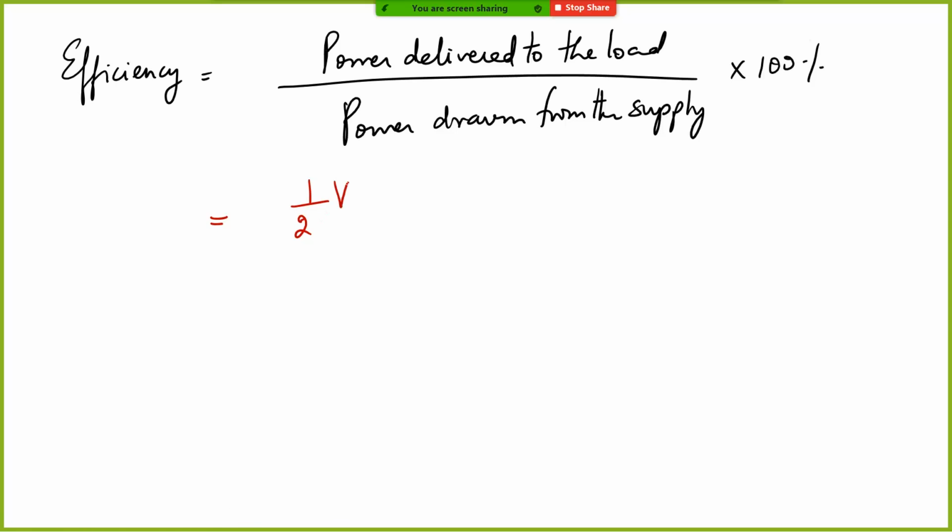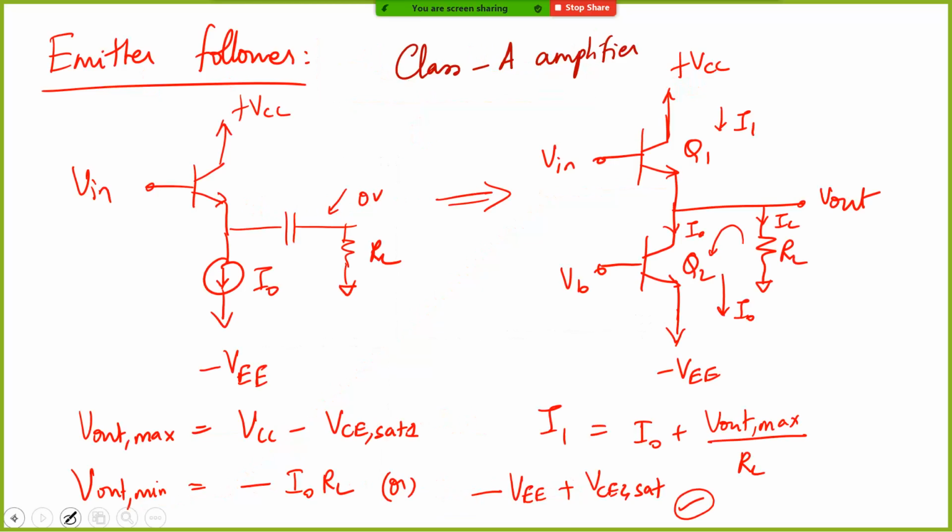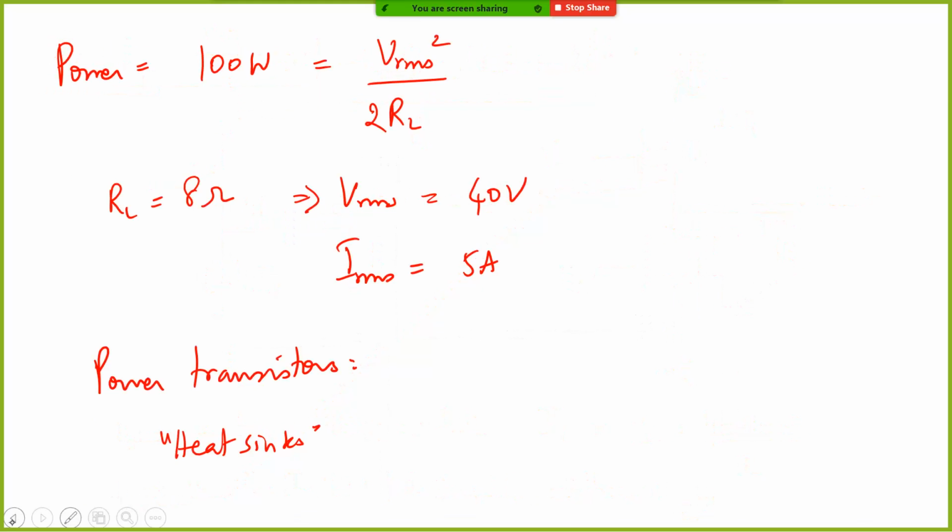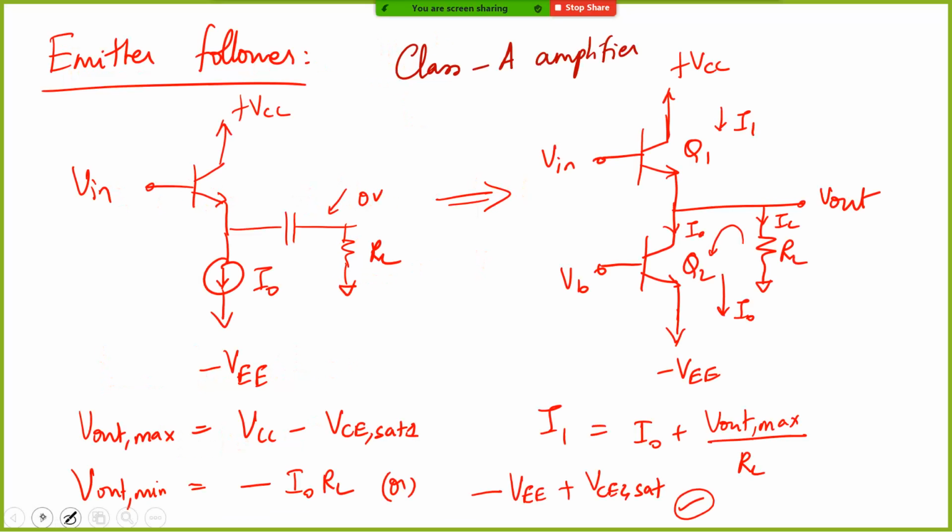It is half V naught hat squared by RL, where V naught is the RMS, sorry, I think I made a mistake here, I'm sorry, I'm just going back. It is V RMS squared by RL, so this will be, I think, even higher, so please make that change.